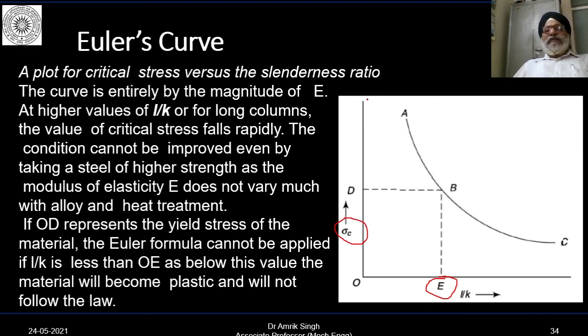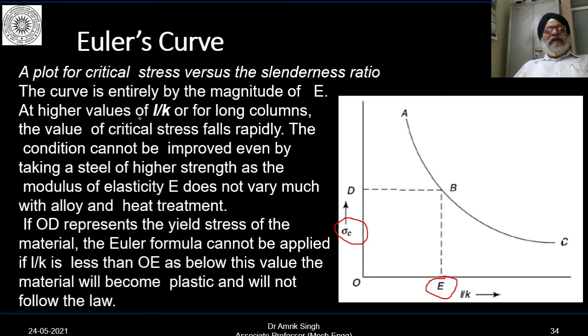So let us now try to understand this curve. It is a plot of the critical stress versus the slenderness ratio. The curve varies entirely by the magnitude of E.